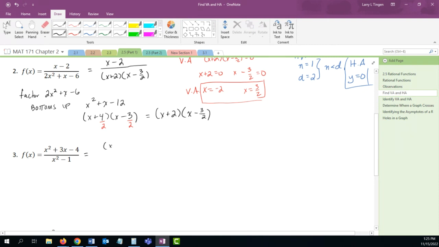Okay. Multiply to negative 4 but add to 3. 4 and negative 1. All right. And in the denominator, this is the difference of perfect squares. X squared minus 1. That breaks down into x plus 1 times x minus 1.